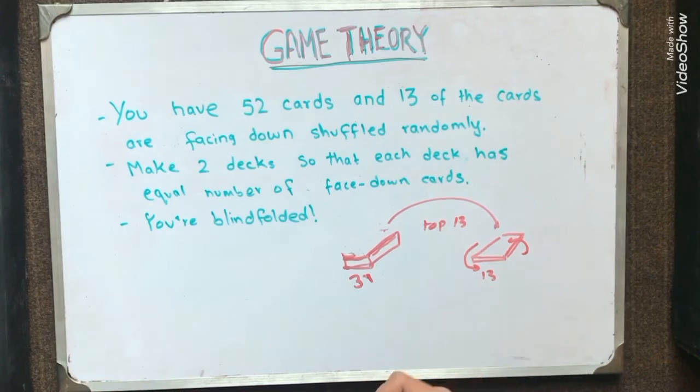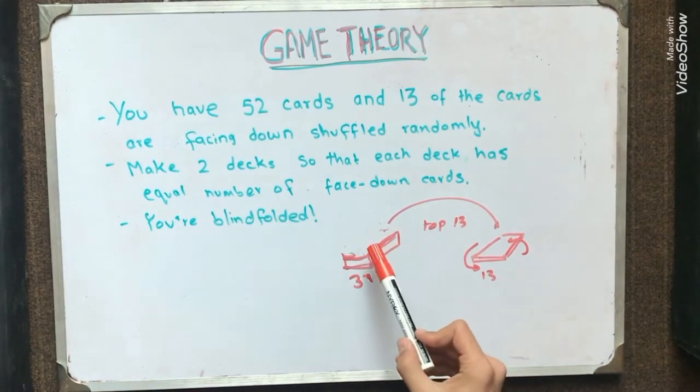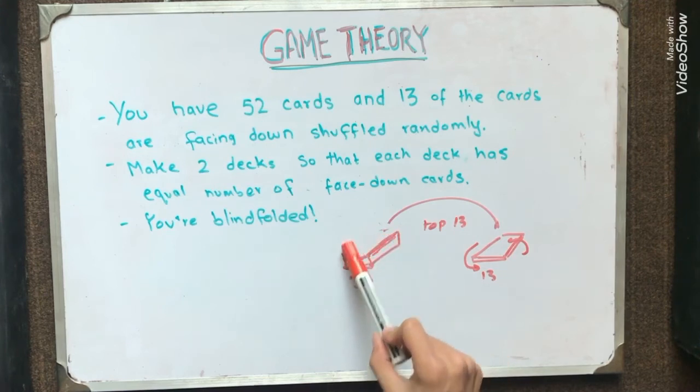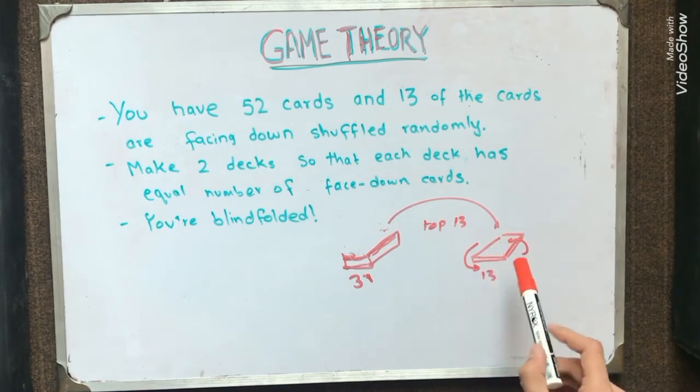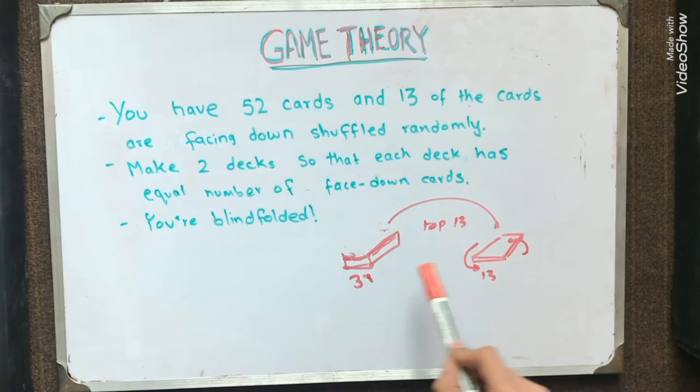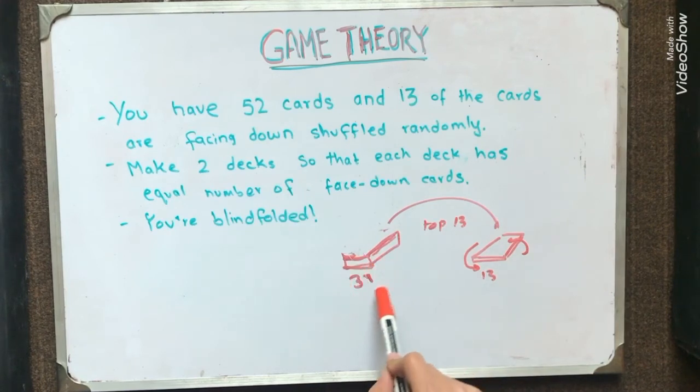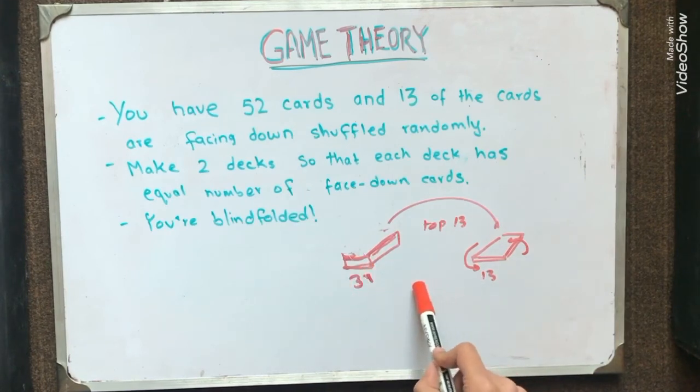So first of all, let's try to solve this intuitively. If you assume that none of the face down cards were in the top 13 and you take them, that means all were facing up, right? And when you flip them, they all are facing down. That means 13 cards are facing down now, and 0 cards are facing down in this deck, so they are equal.